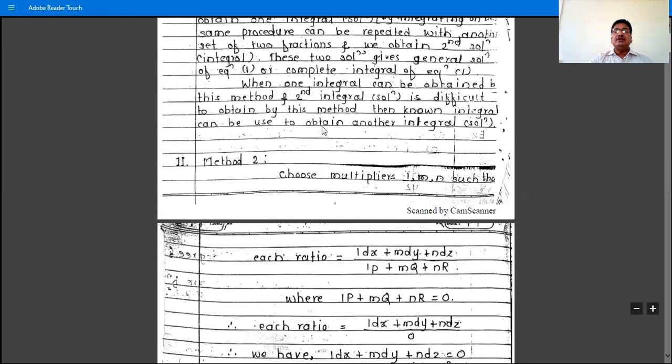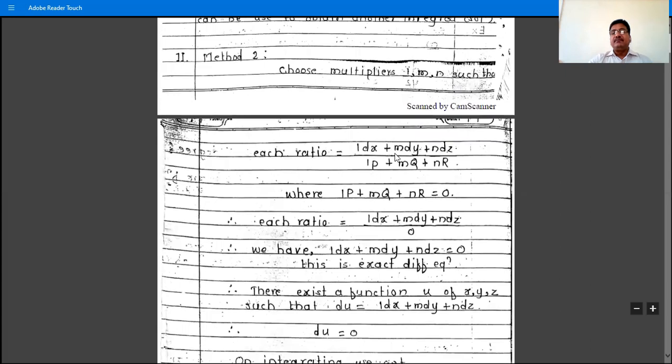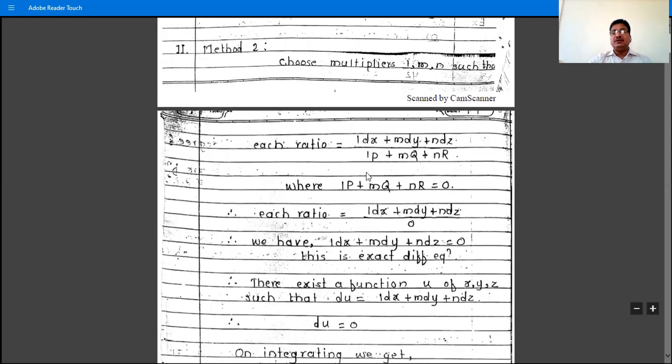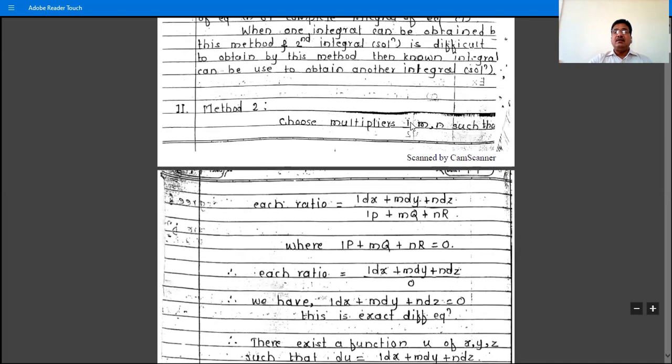We multiply dx by L, dy by M, and dz by N, and LP, MQ, NR, and add. Choose these multipliers L, M, N such that in this ratio LP plus MQ plus NR is 0.